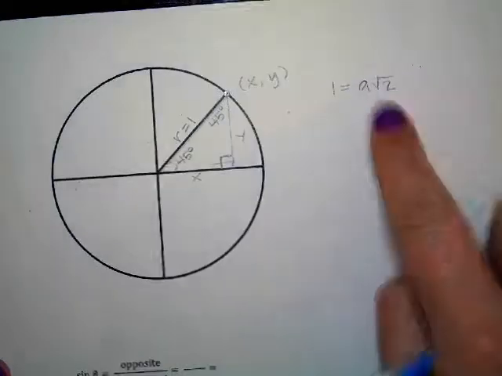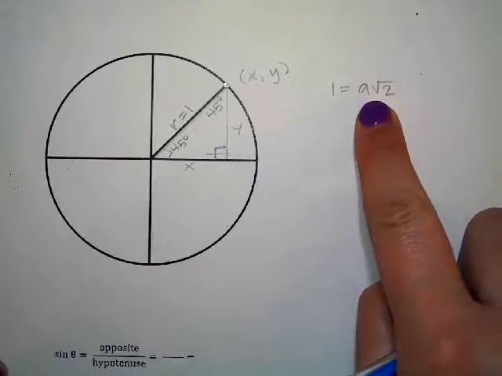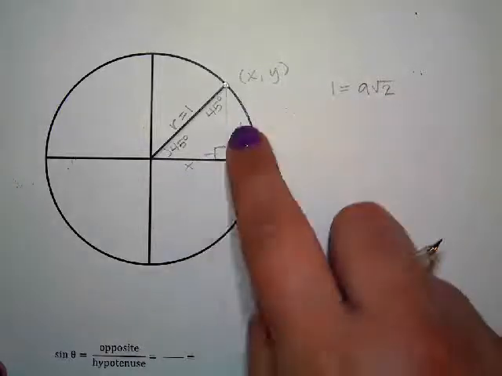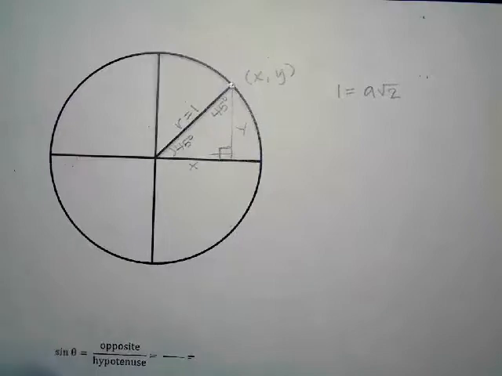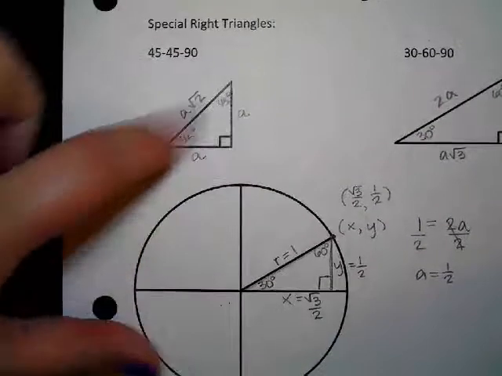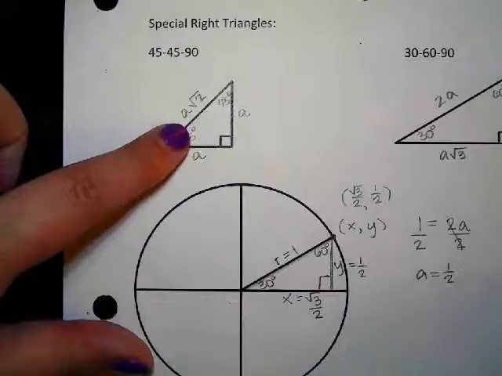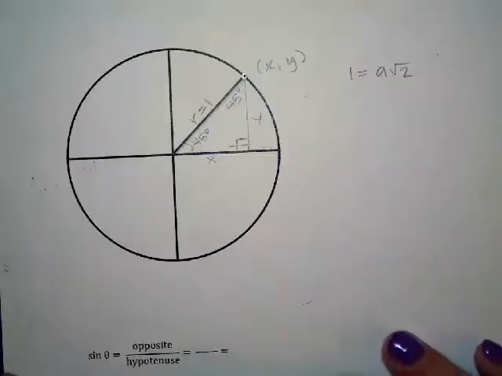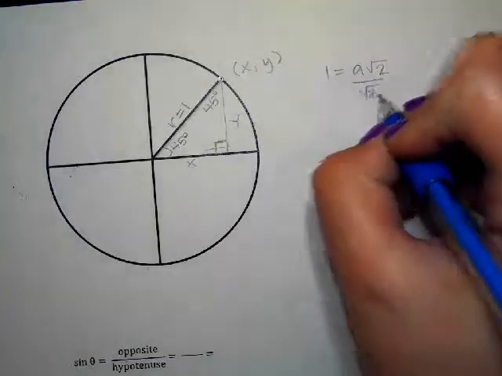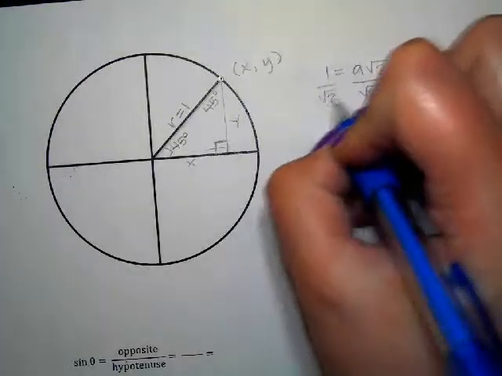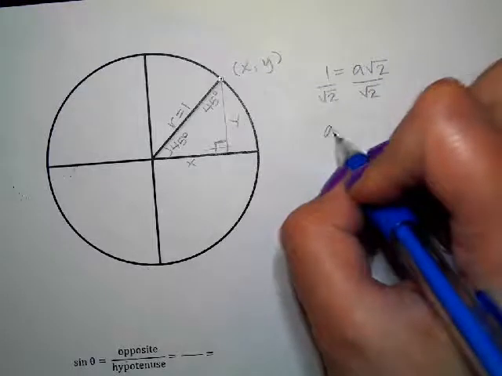And when I solve for a, I'm going to know what both x and y are because both of those are just a plain a. You can see both of those are just a plain a. Okay. So I'm going to go ahead and solve for a. I'm going to divide by root 2. So a equals 1 over root 2.